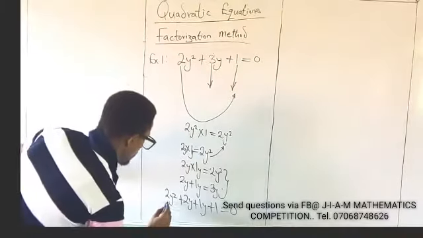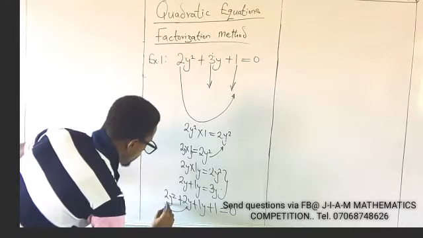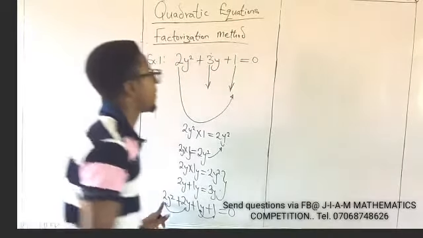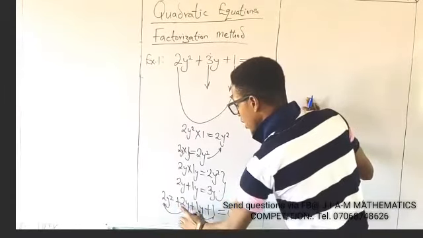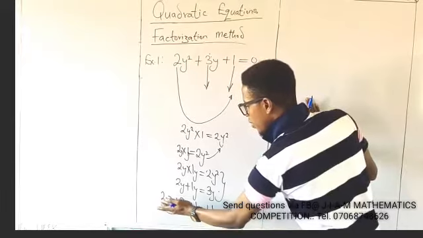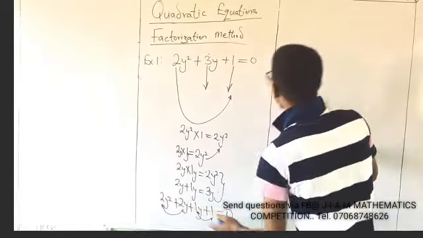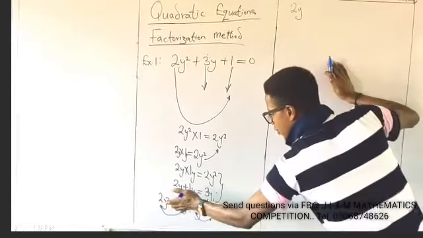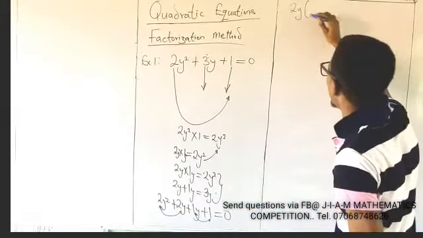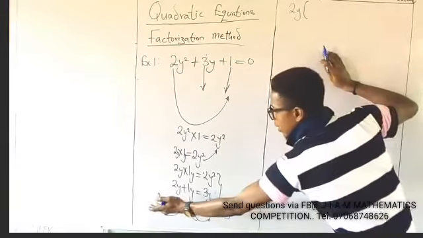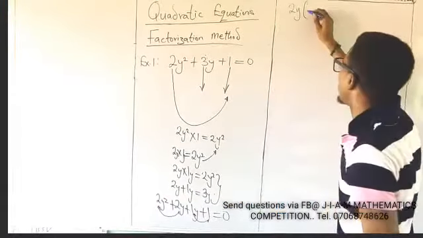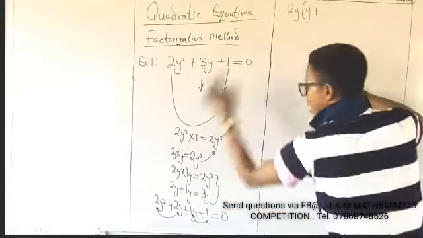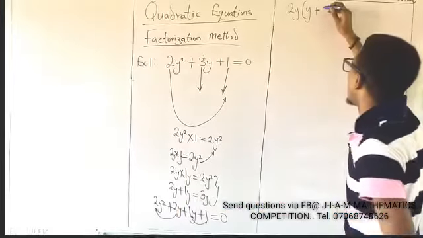Now you team these two together and factorize them, and you factorize this together. Now let's come here: 2y squared plus 2y. What is common here? 2y squared and 2y, 2y is common. So you open bracket: 2y into 2y squared, you have y, plus 2y into 2y, you have 1.